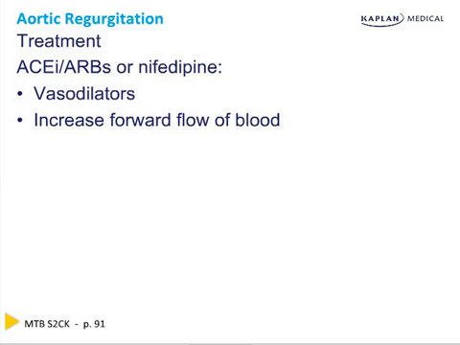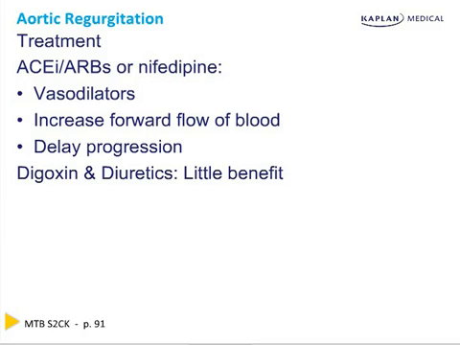This is not only going to improve symptoms, it will definitely delay the progression of the disease. And although digoxin and diuretics can be used with severely symptomatic patients, they don't decrease the degree of the disease, they don't delay the progression of the disease. They might be helpful somewhat to decrease symptoms, but that's it.